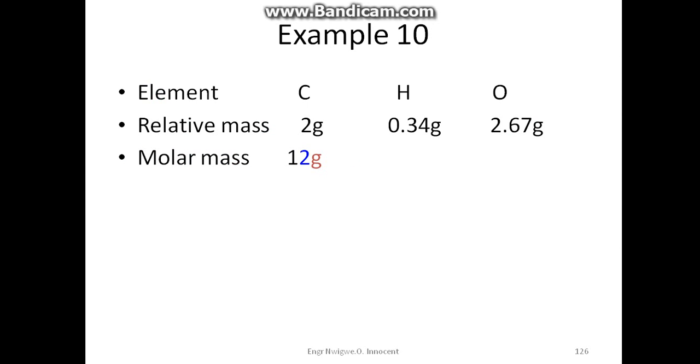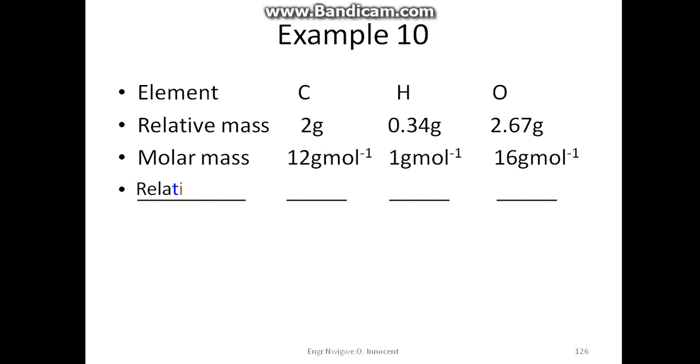Then the molar mass of carbon, we know it as 12 gram per mole, that of hydrogen, we know it as 1 gram per mole, and that of oxygen, we know it as 16 gram per mole.